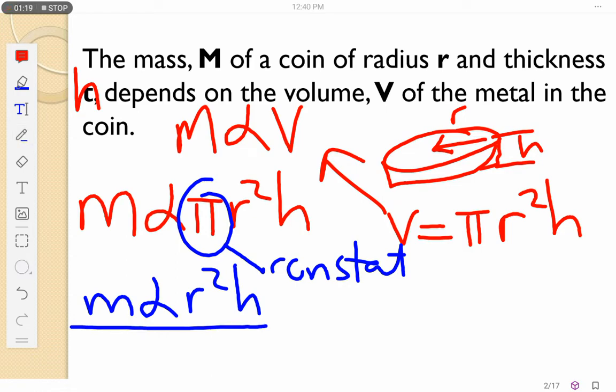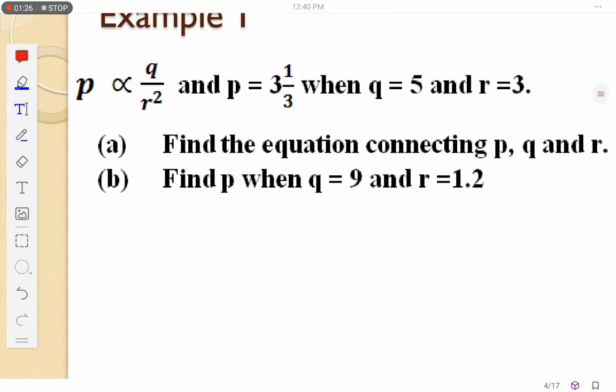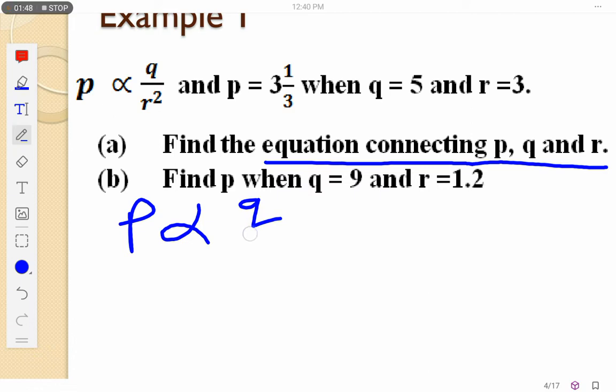Okay, so I'm going to have 3 examples of joint variation. Let's look at the first example. I've got P varying jointly with Q and inversely with R squared. We want to find the equation that is connecting our P, Q, and R. So we write P varies jointly with Q over R squared, that's inverse with square.